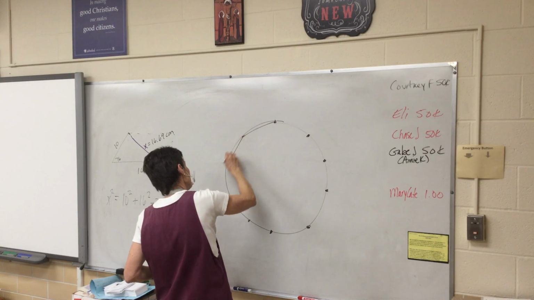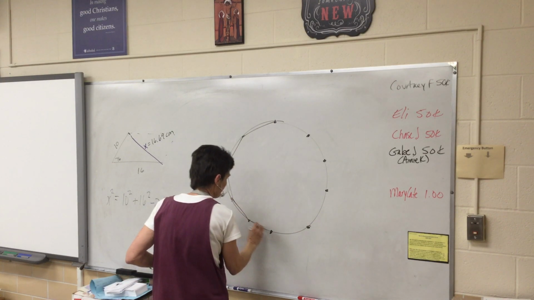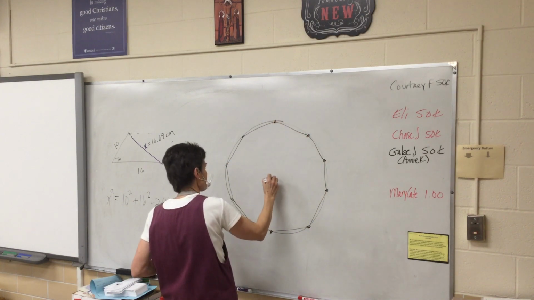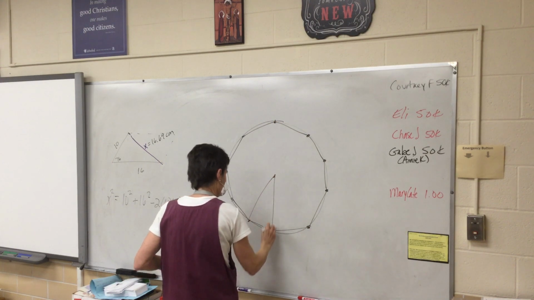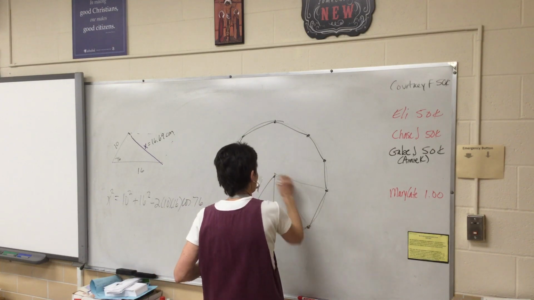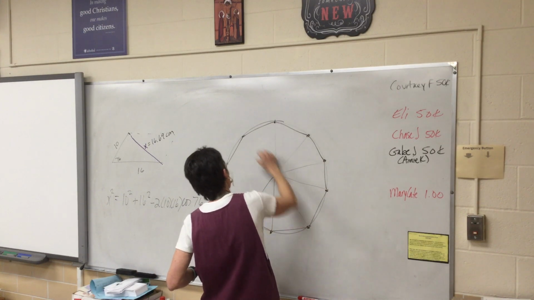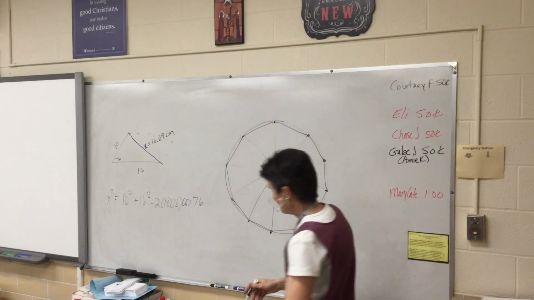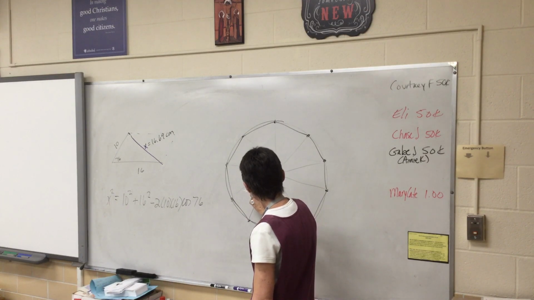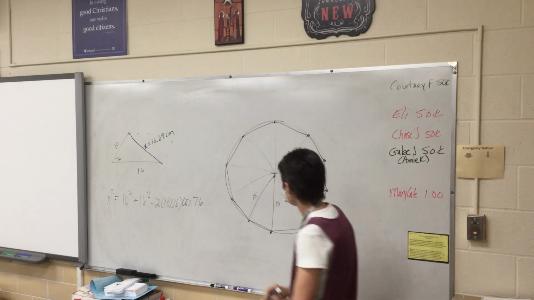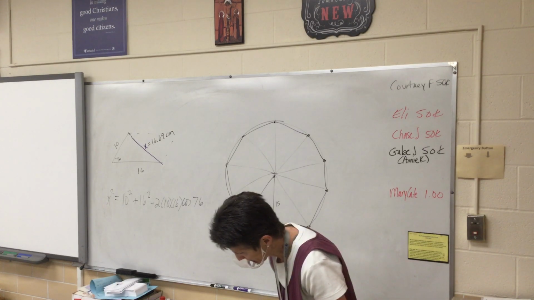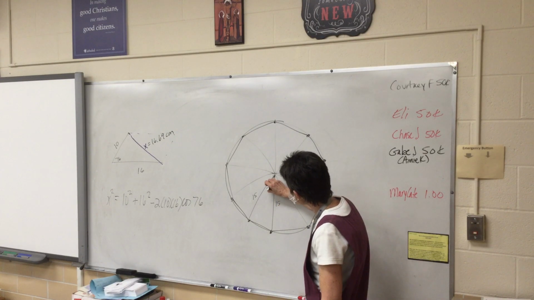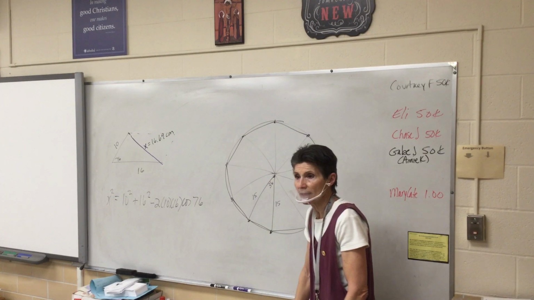So 1, 2, 3, 4, 5, 6, 7, 8, 9, 10. There's my decagon. You don't need to draw in all these spokes, but you can. And they're 15 inches. 36 is the angle, the central angle.